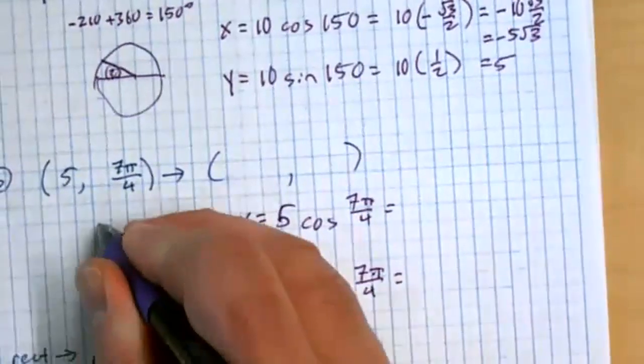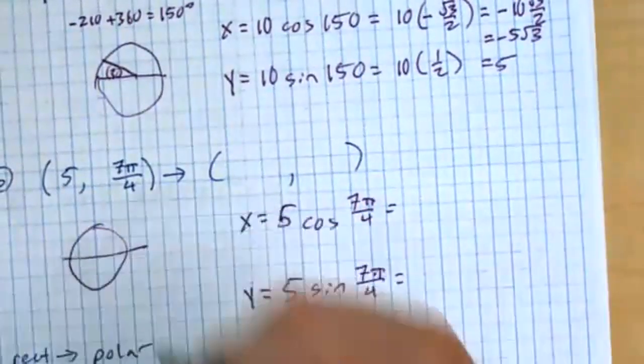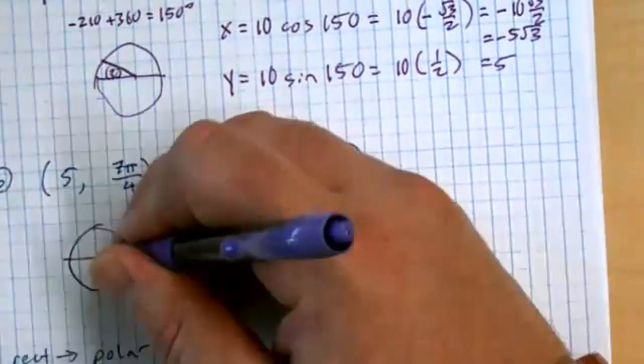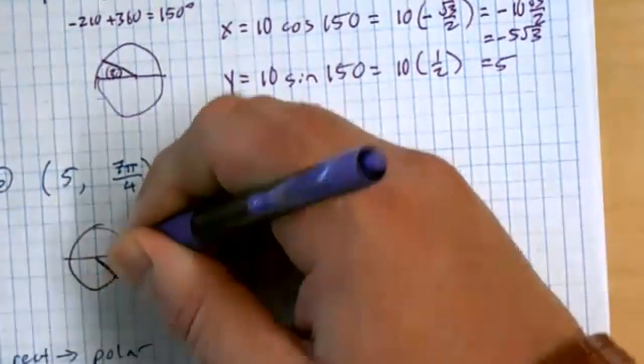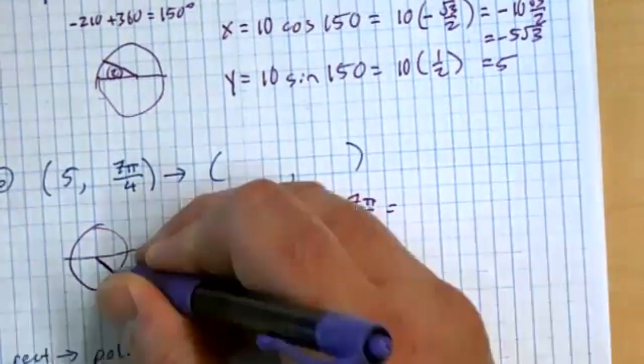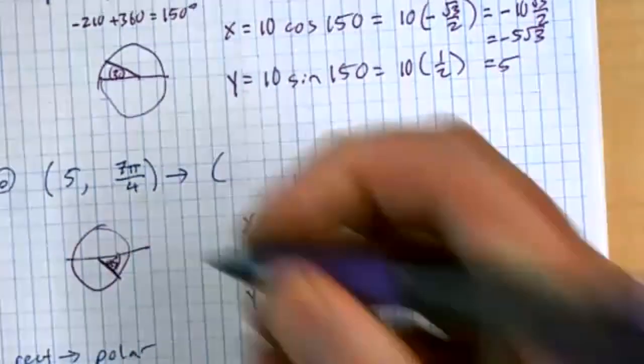I think about a unit circle and I think about where 7 pi over 4 is. 7 pi over 4 is right here. And its reference angle is what, in degrees? Anything over 4 is going to have a reference angle of 45 degrees.